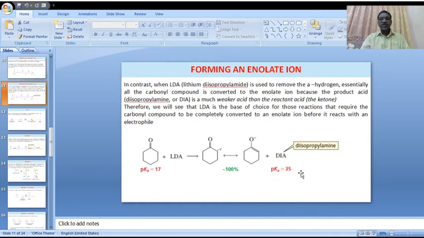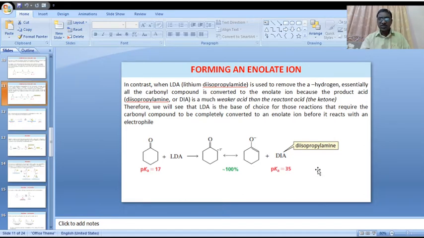Greater pKa value means acidic character is less. Okay, pKa 35. Now when we are using LDA, a weak acid with a greater pKa value is produced in this reaction.